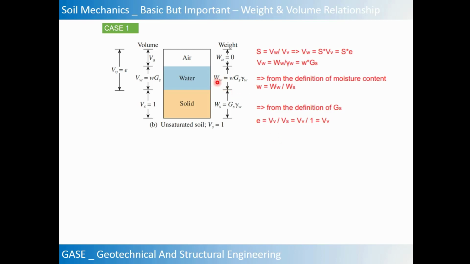And to specify the weight of the water, this is from the definition of the moisture content. Actually, the moisture content is equal to the weight of the water divided by the weight of the solid soil.